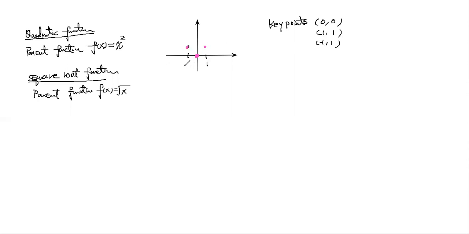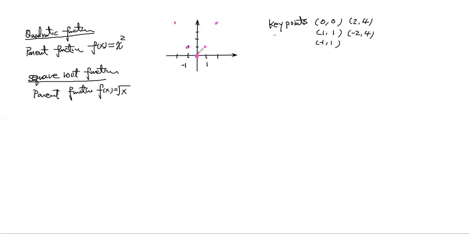If you want, you can do another one: 2, 4 and negative 2, 4. Then you will have plenty of points to graph. So 2, 4 is here, and negative 2, 4 is here, right?